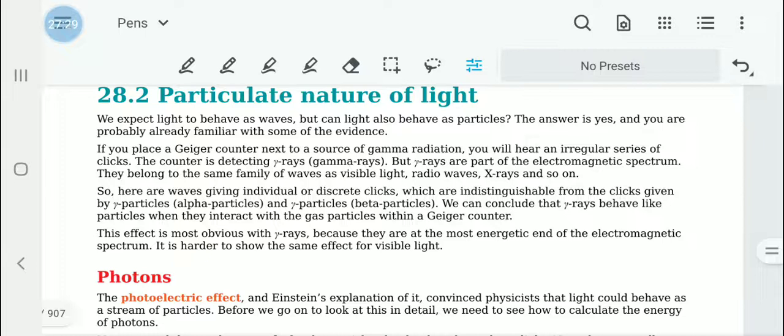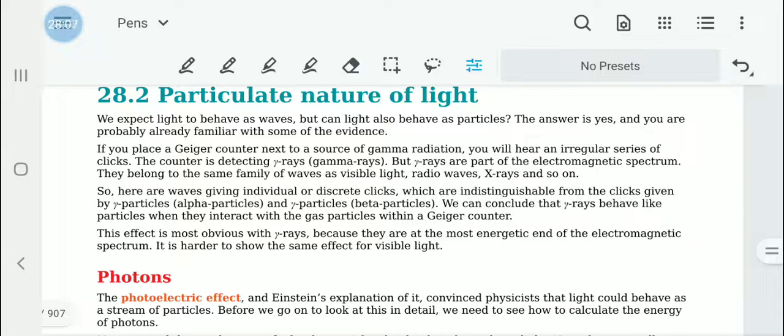However, according to the wave theory alone, this cannot be, because gamma rays are waves and would not have particulate property.